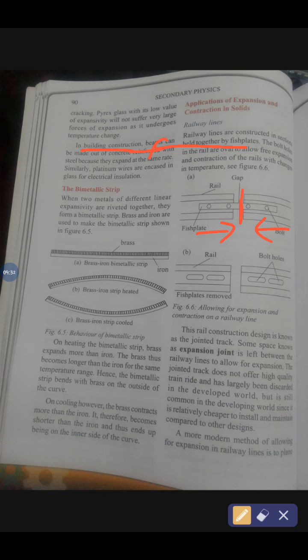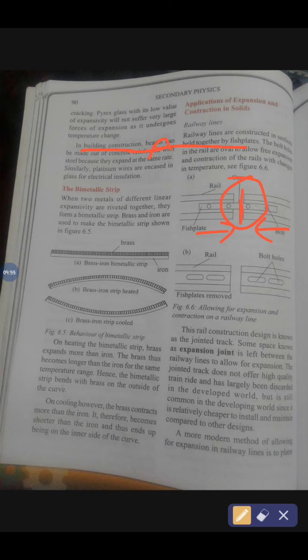We expect it will bend. But that is where this gap comes in. That gap gives them an allowance. We call it an expansion allowance. So during hot periods, as the rails expand on both sides, they can only expand up to a maximum that they do not meet. They'll be very close to each other, but they don't meet.